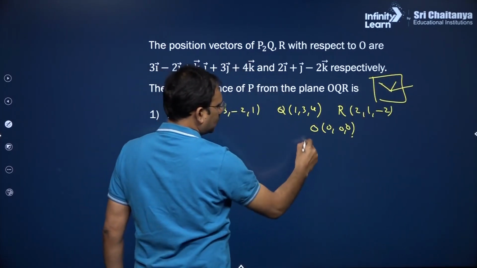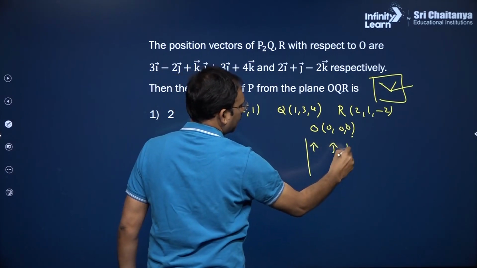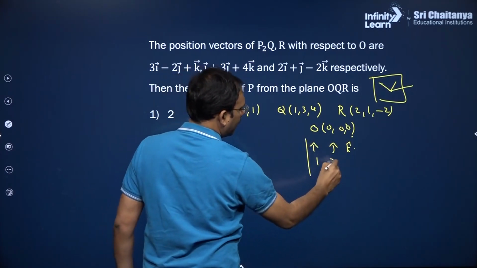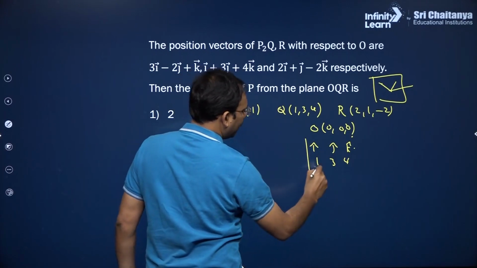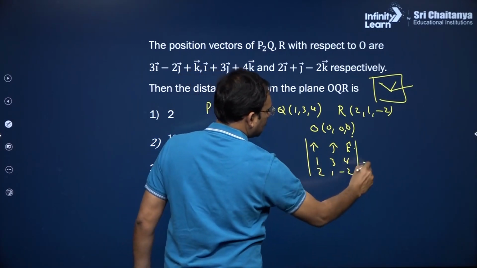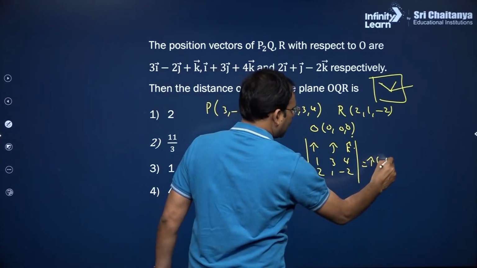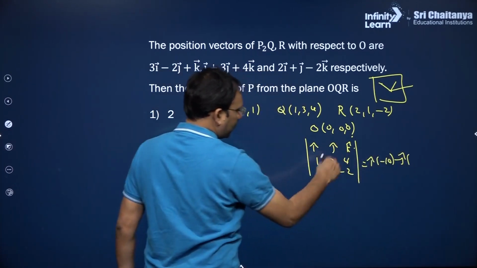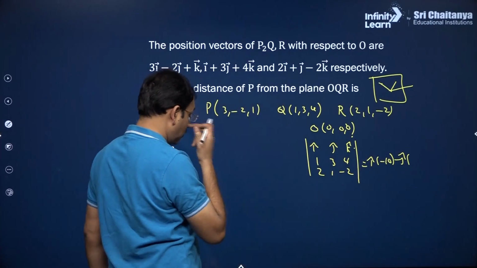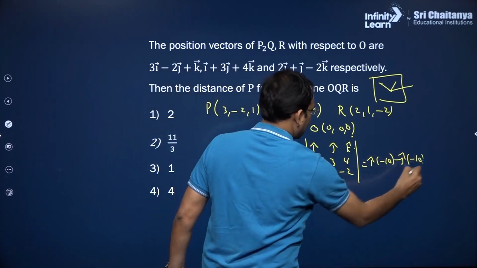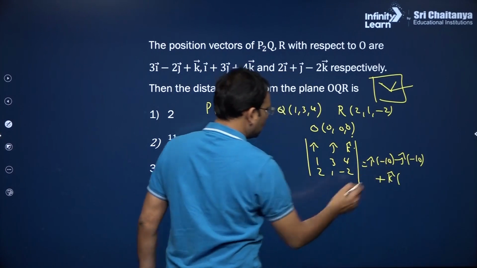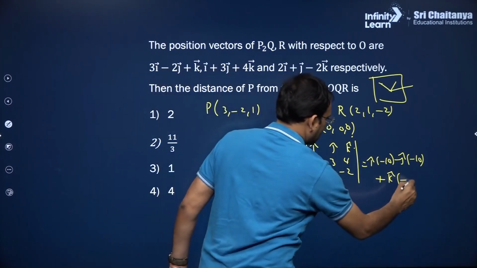So, i cap, j cap, k cap, OQ bar will become 1 3 4, OR bar will become 2 1 minus 2, which is i cap into, my dear friends, minus 6 minus 4 is minus 10, minus j cap into, this is minus 2 minus 8 is minus 10, plus k cap into 1 minus 6 is minus 5.